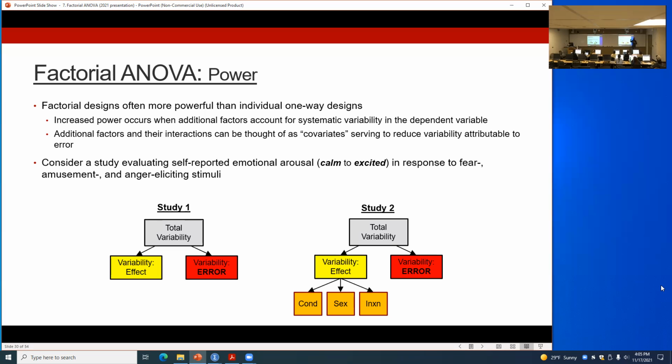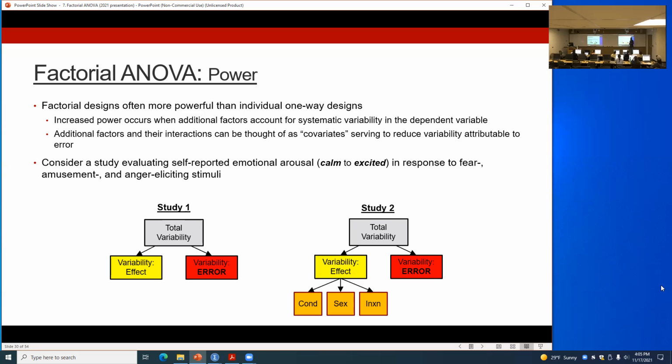But if there is some systematic difference due to participant sex, and maybe unique differences in how people report responding to fear versus amusement versus anger-related stimuli, then all of a sudden it shrinks that error term down. And now that error term is smaller.